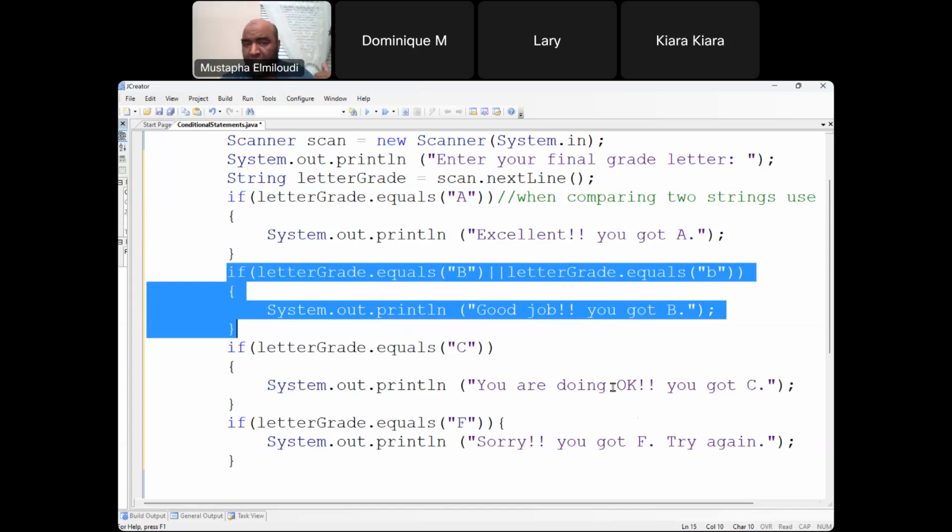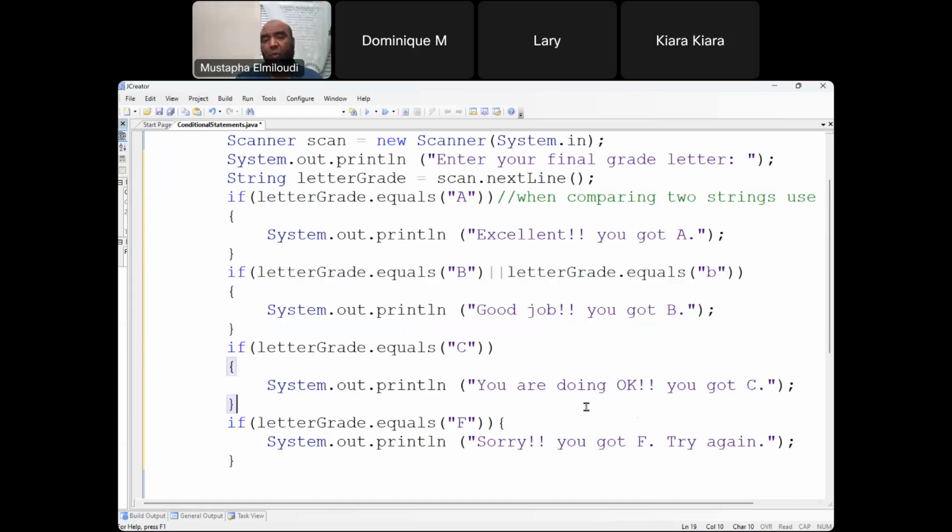But if I use else if, we talked about this, only one of them in order. So if you are lucky, and the first one is A, then the program will not evaluate B, C, and F. It will skip all of them and go to the outside, that means outside this group, and then execute whatever is left if there is any other code to be executed. See the difference?